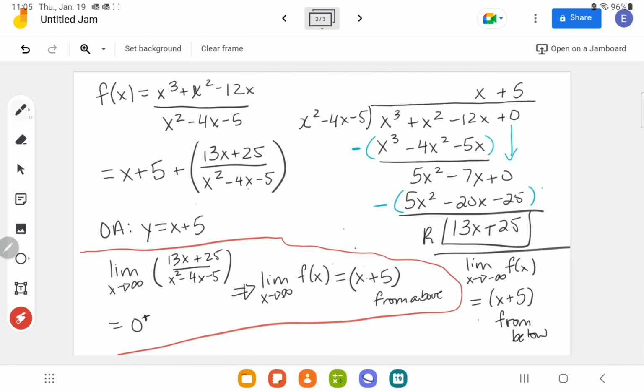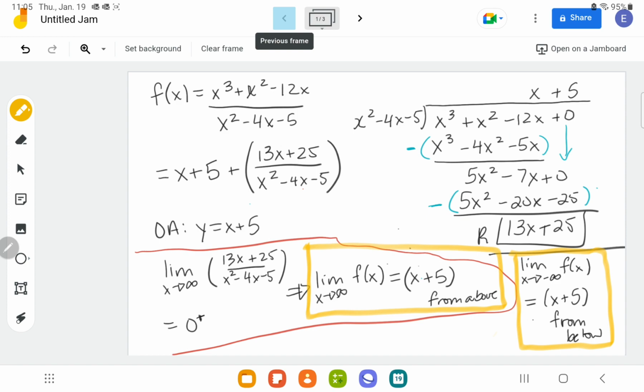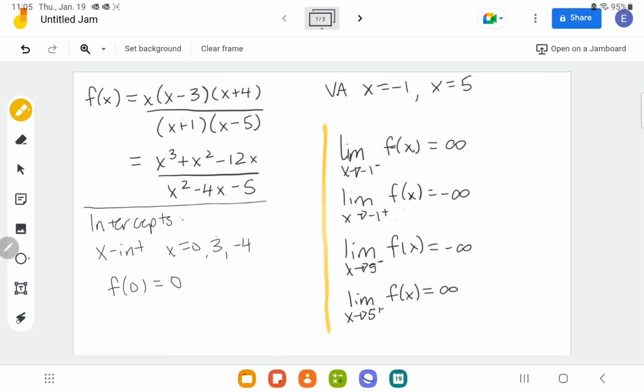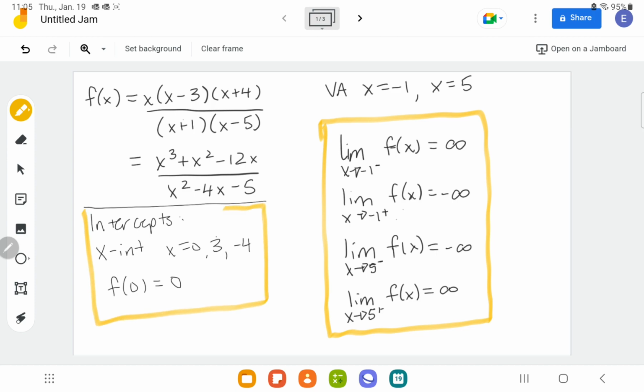and I'm just going to go in and highlight in yellow the limit notation that you need to show. So this is important limit notation. This is important limit notation. And the stuff on the previous page about those vertical asymptotes, and then listing your intercepts.